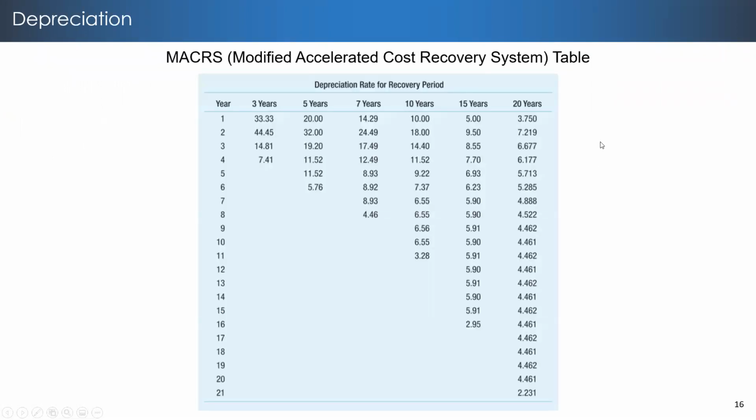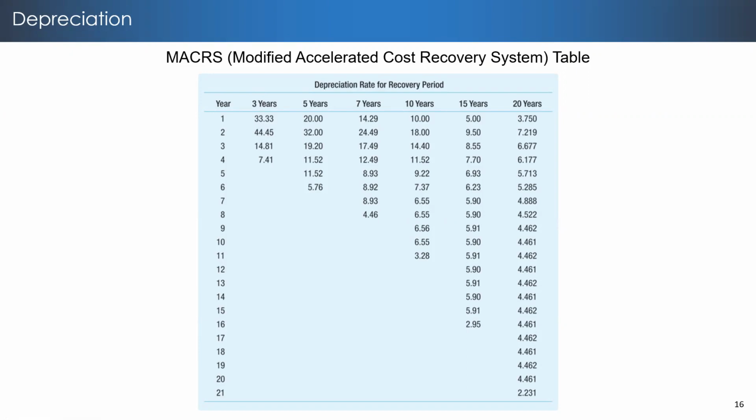meaning that this is a table for accelerated depreciation. You can actually assign a higher depreciation value for your assets at the beginning years of the horizon, and there is a benefit for doing that. So here, for example, if you have a horizon of 4 years, you can do depreciation in the first year of 33% of your value.